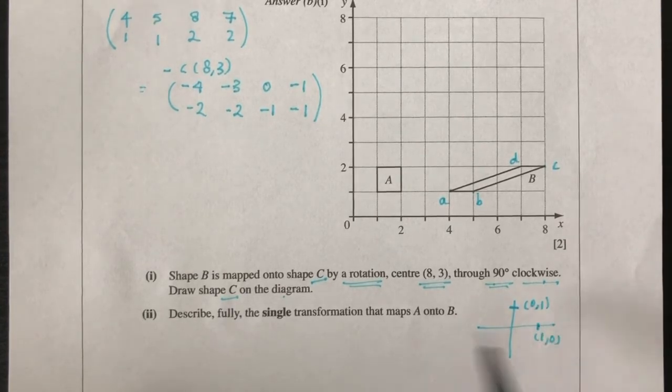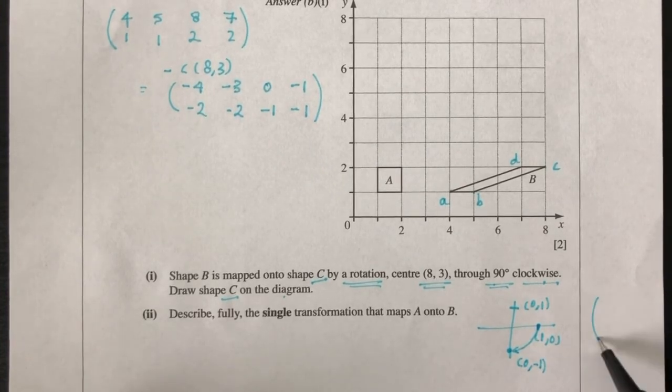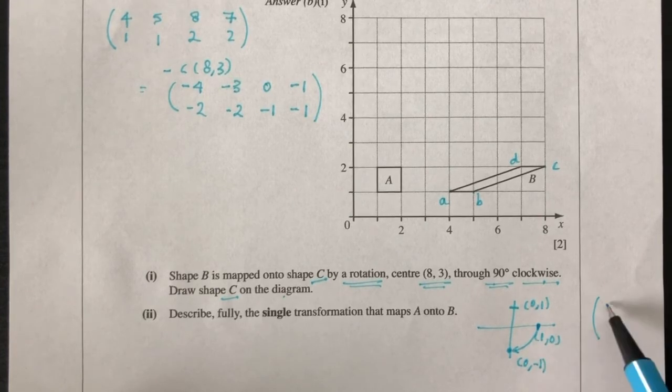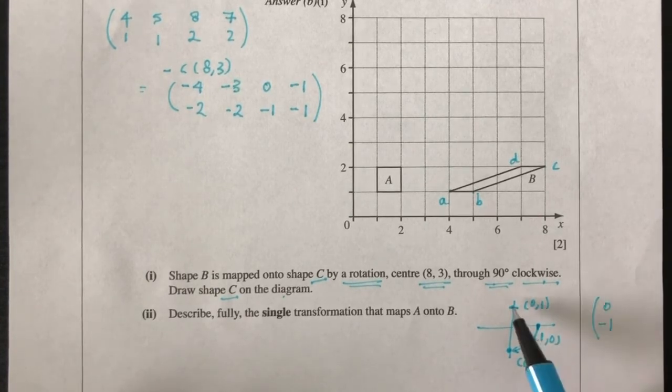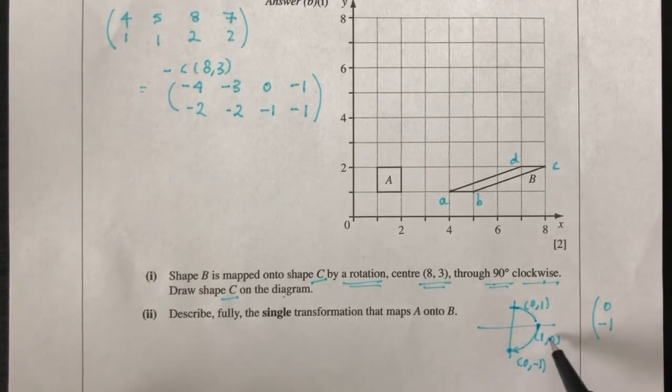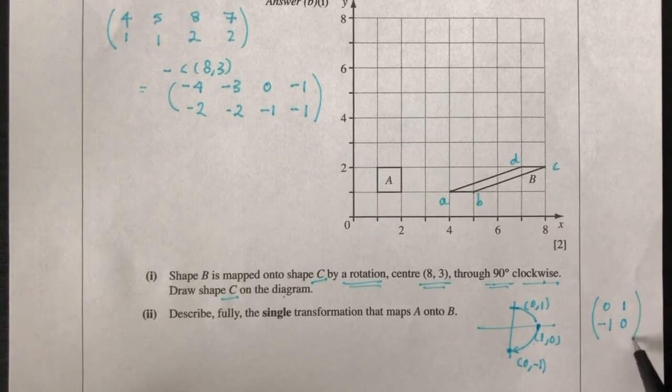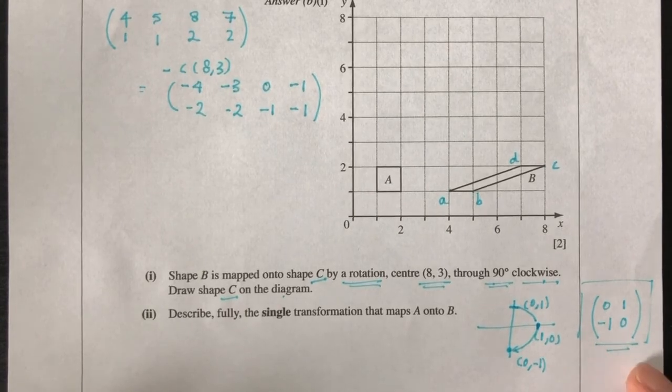So it says 90 degrees clockwise, so if you were to rotate this one 90 clockwise, it will be going to this point. This is the point 0, minus 1. So the first point becomes 0, minus 1. And this one clockwise 90 becomes 1, 0. So this is the matrix representing a rotation of 90 clockwise.